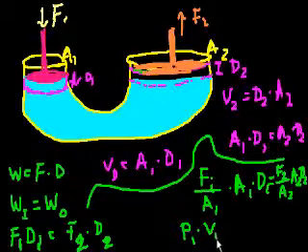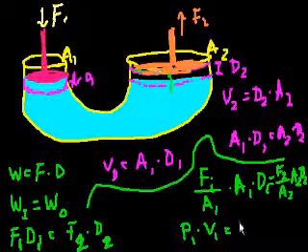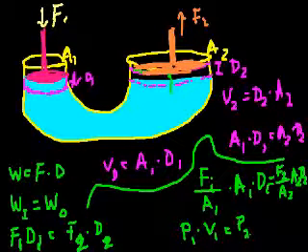Pressure times V1 is equal to the output pressure, right? Force 2 divided by area 2. That's the output pressure that the water is exerting on this piston. So that's the output pressure, P2. And what's area 2 times D2? This cross-sectional area times how much the water is being displaced upward is equal to volume 2, right?